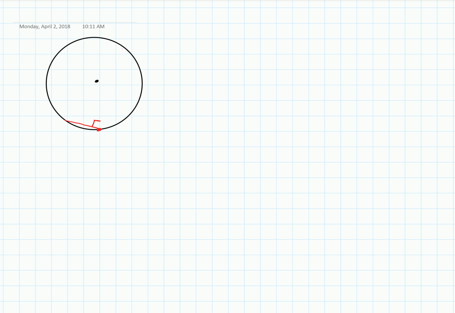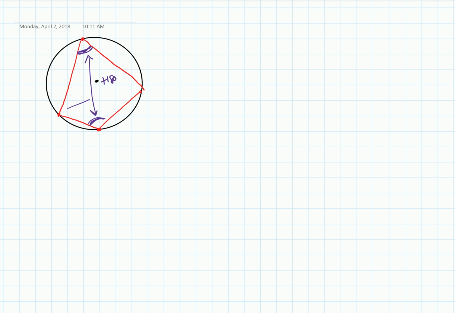Theorem 10.13 is a little bit more interesting, but not any more difficult. If you have a four-sided figure inscribed in a circle, then the opposite angles, excuse me, are supplementary, which means that this angle right here and the angle that is across from it must add up to 180 degrees.